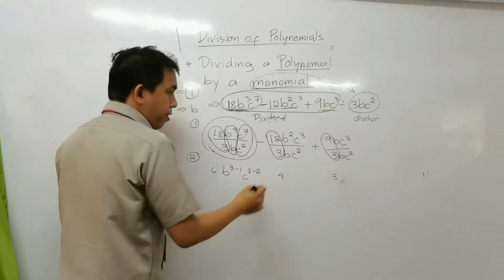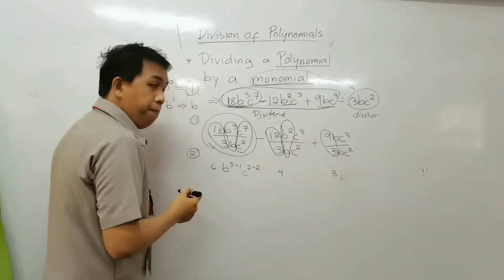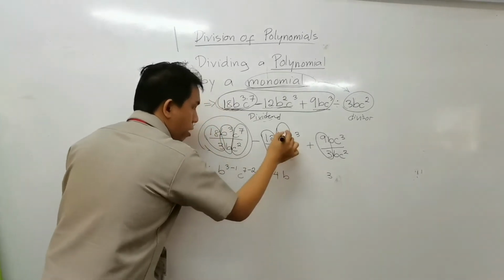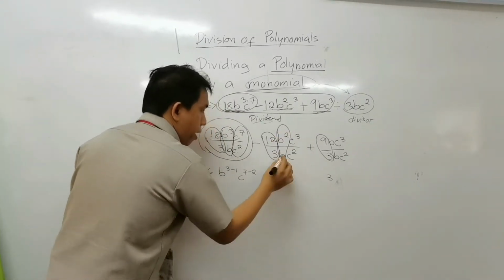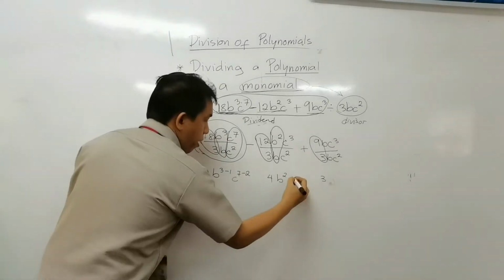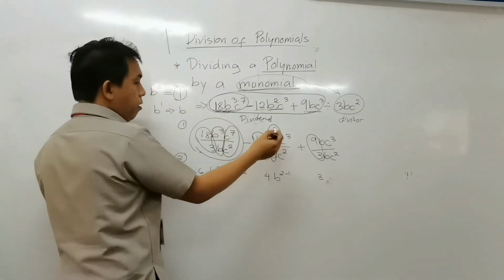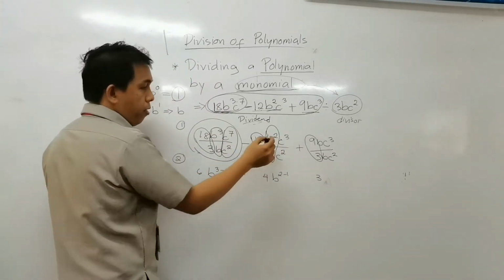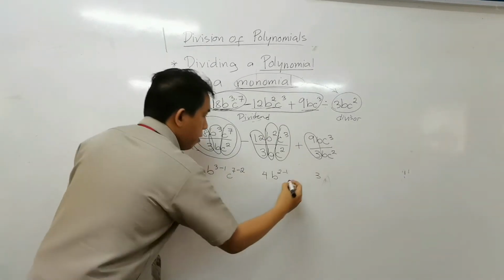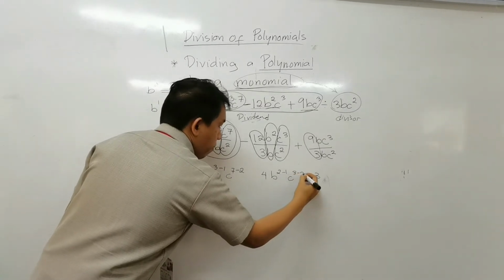Next, they have also a common variable, which is the b. So we will copy that one. We have b, then 2. Again, if there is no exponent, it is considered as 1. So we have 2 minus 1. Next, we have here also a common variable, so we have the c. So that is c to the power of 3 minus 2.